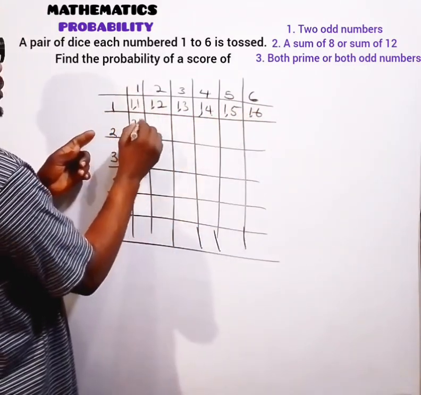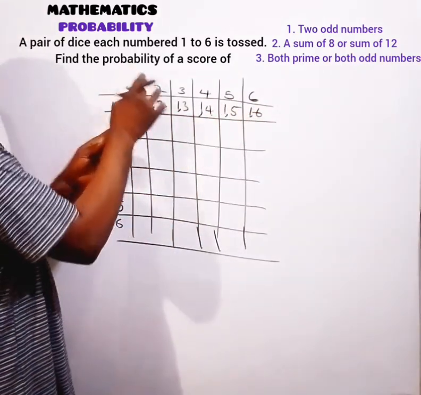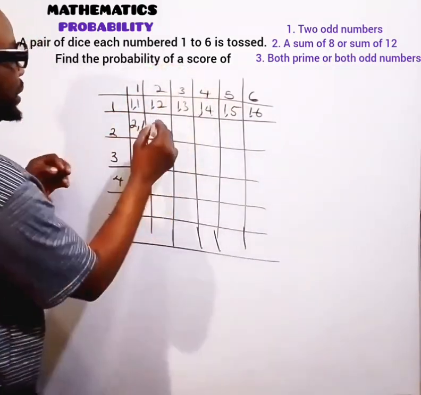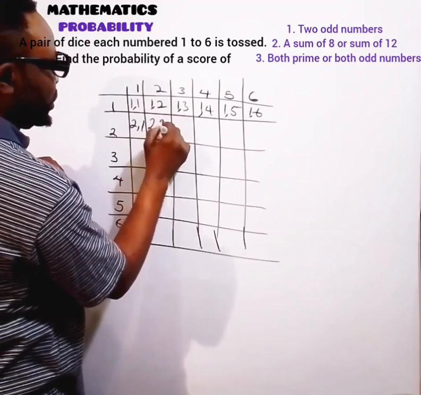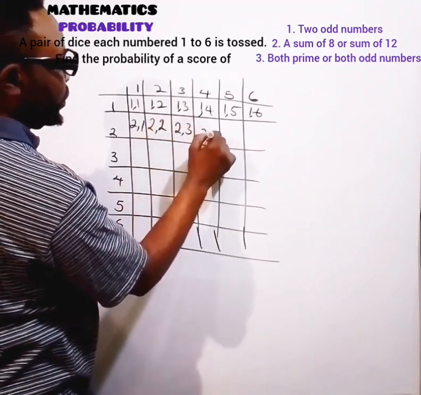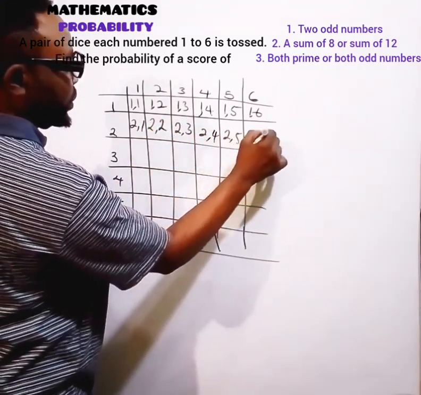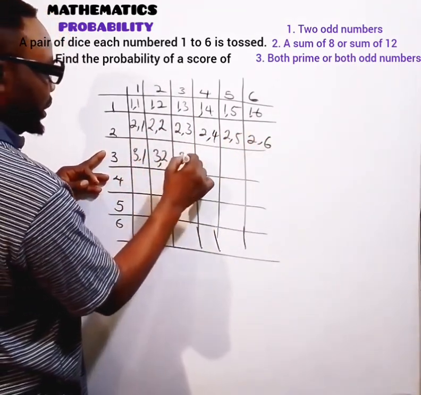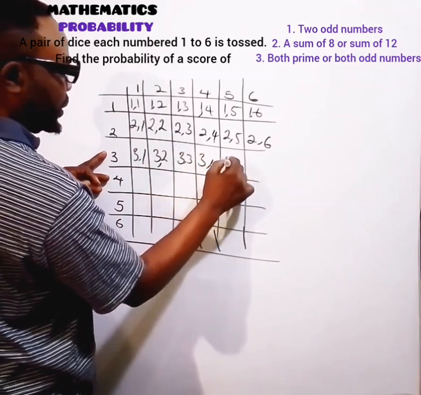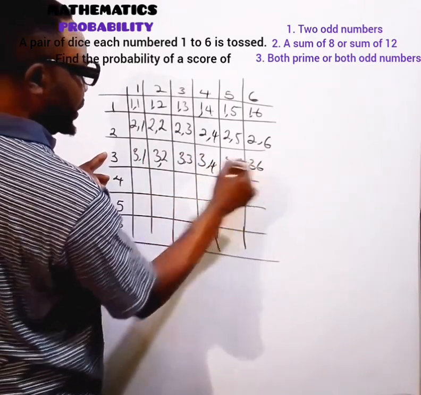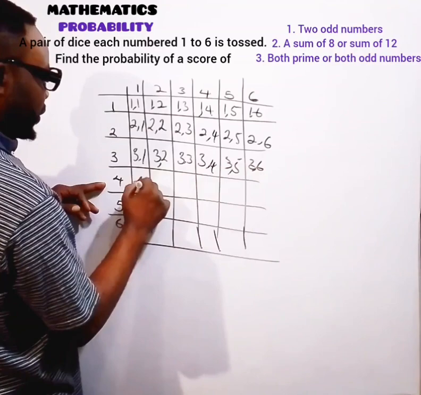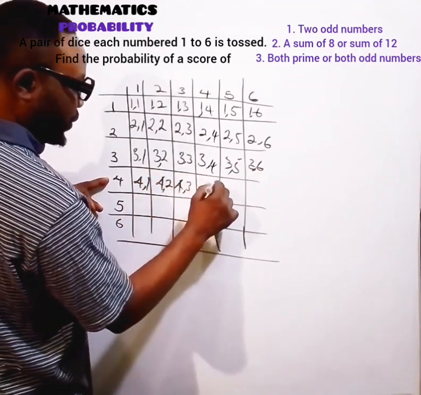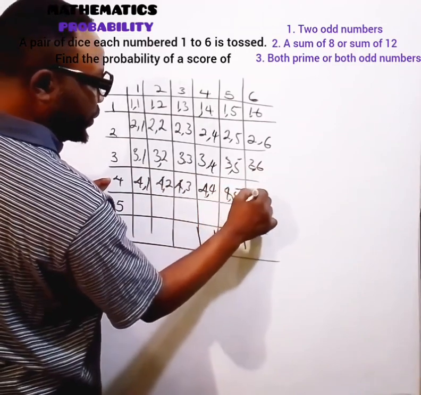Here 2 1, 2 2, 2 3, you get it like that. 2 4, 2 5, 2 6. Then 3 1, 3 2, 3 3, 3 4, 3 5, 3 6. 4 1, 4 2, 4 3, 4 4, 4 5, 4 6.